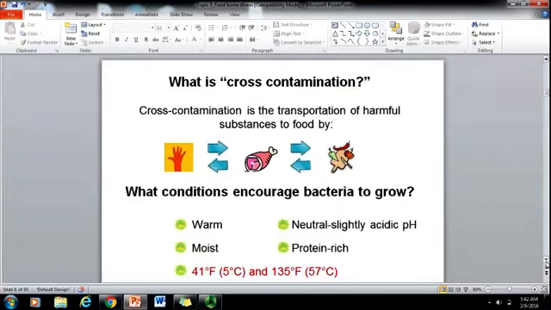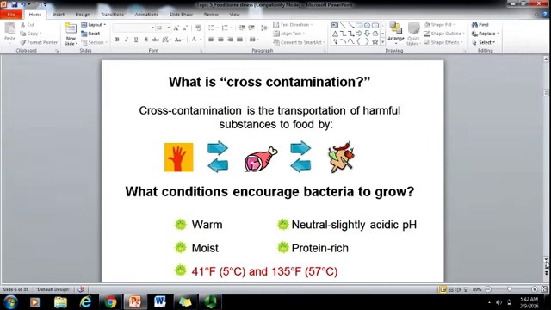Okay. So most of the foodborne illness reported is not due to the ingestion of the food itself. It actually comes from the bad handling of the food.